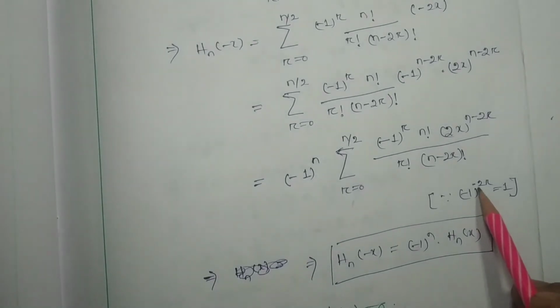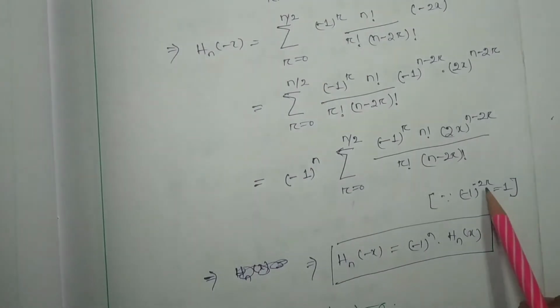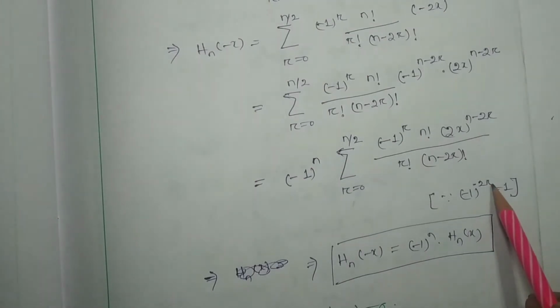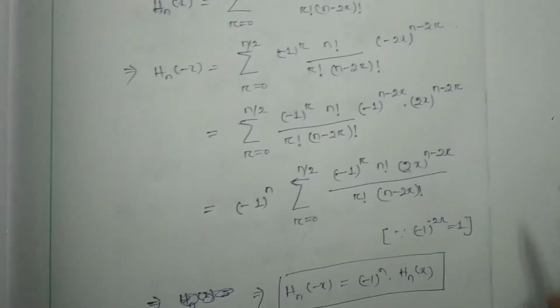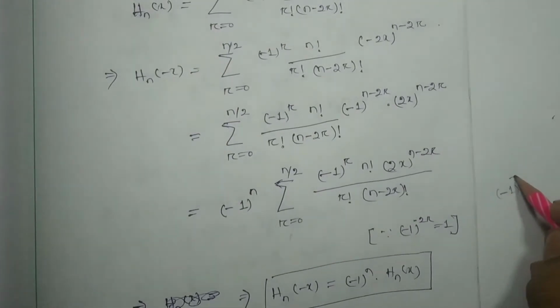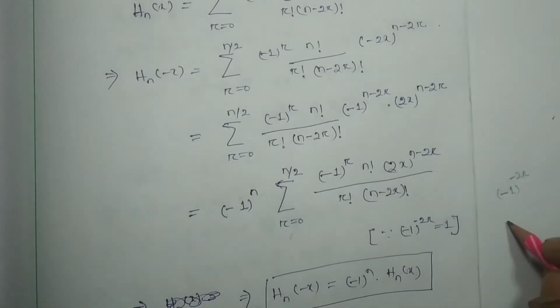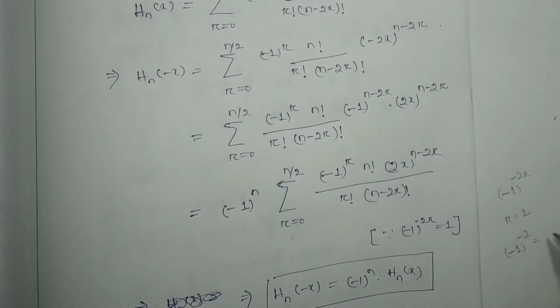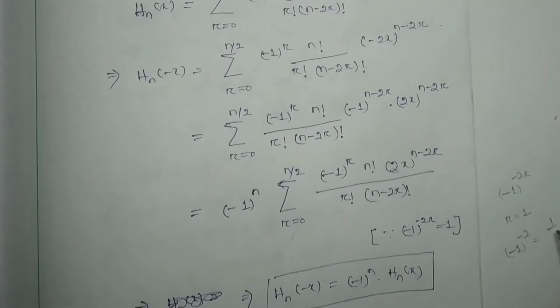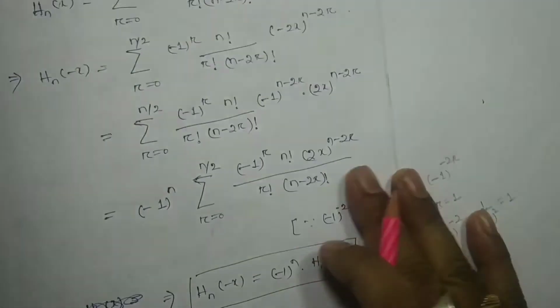minus 1 to the power minus 2r will be equal to 1 because 2r will always be even. Okay, so you can see minus 1 to the power minus 2r. If we take r equal to 1, then it will be minus 1 to the power minus 2, that means 1 by minus 1 to the power 2, that is 1.